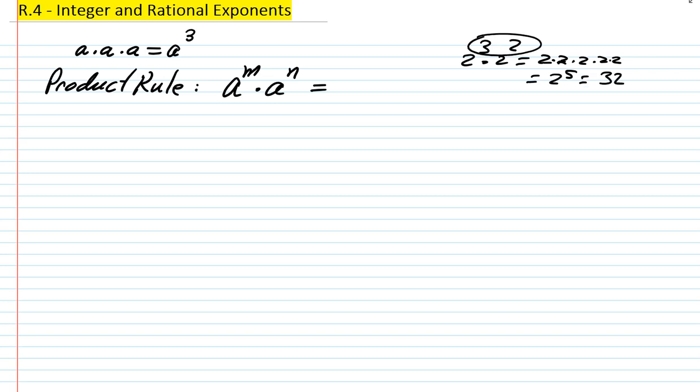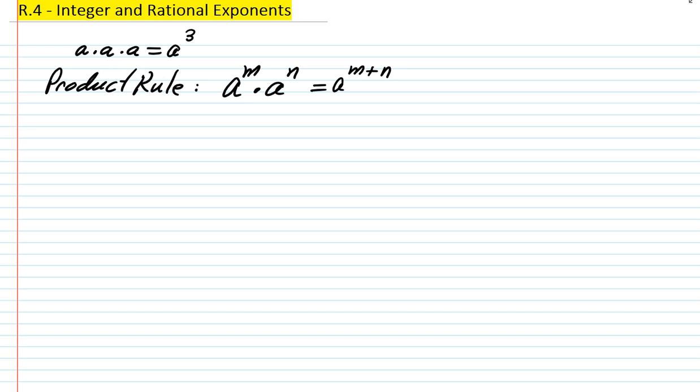The point being, instead of expanding the exponential form, we can combine the exponents: 2 plus 3 makes 5, and in general, m plus n. We can extend it to a general form. Anytime we're multiplying exponential forms with a common base a, we simply add up the exponents. Okay, so that's our first property.